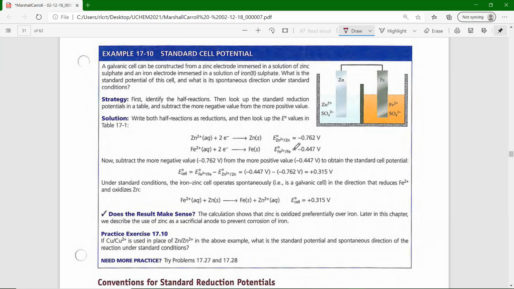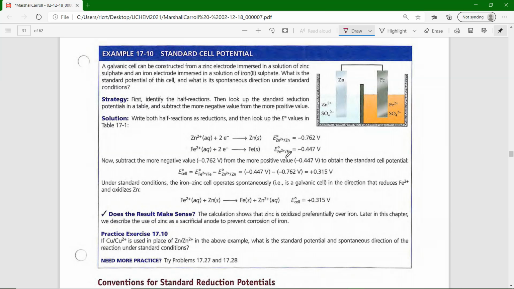Okay, so I look and I see that I want it to be spontaneous. So which one? The iron is not as negative as the zinc, so the iron must be higher up than the zinc. Now notice there are different irons I can talk about. There's Fe2+, Fe3+, but here they're talking about Fe2+, and yes, that is higher up than the zinc.